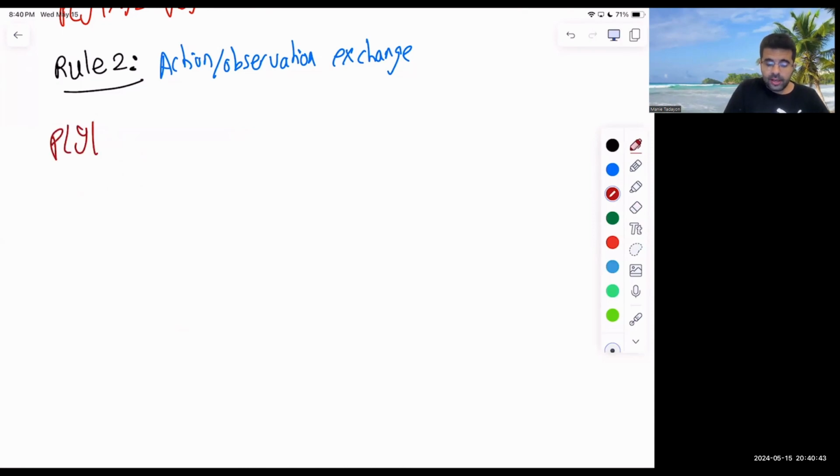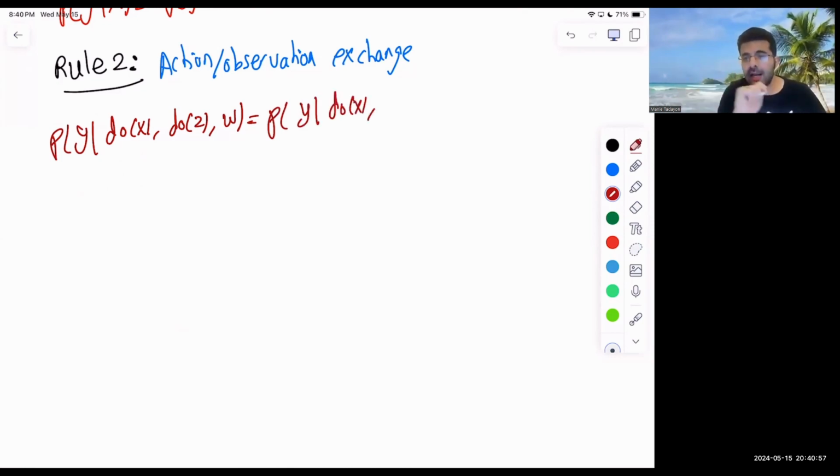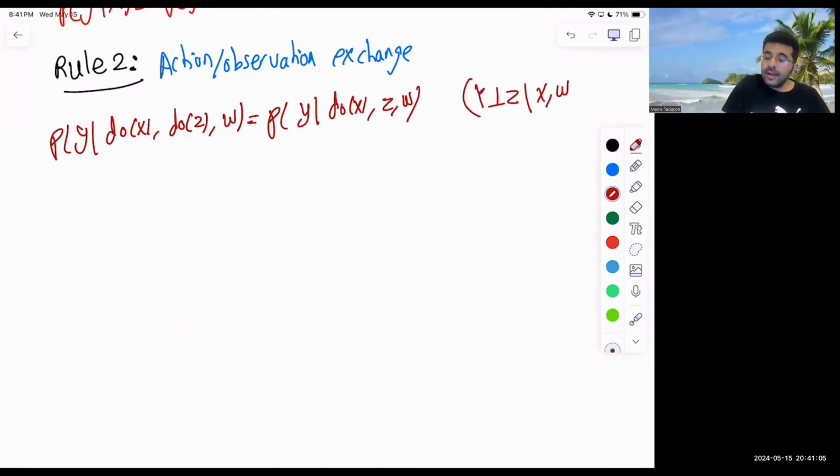This rule says the probability of y given do x, do z, and w is equal to the probability of y given do x, where I exchange action and observation z and w, if y and z are independent given x and w in the graph where I remove the edges going to x and the edges coming out of z. Okay, in this graph, if this condition holds, I can do this.